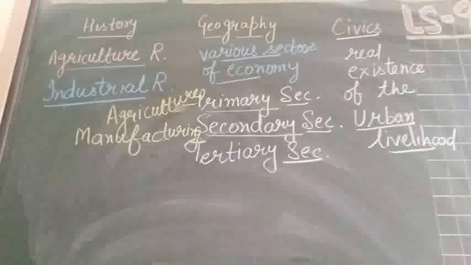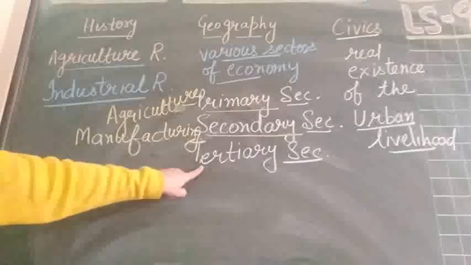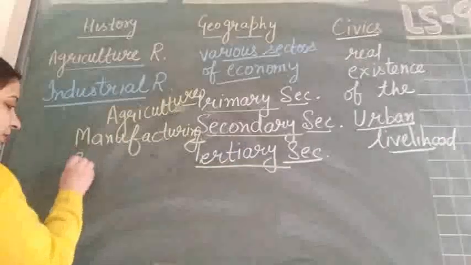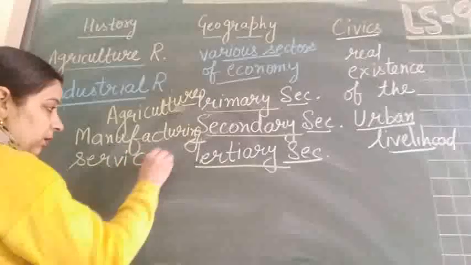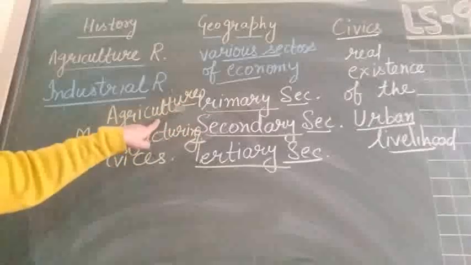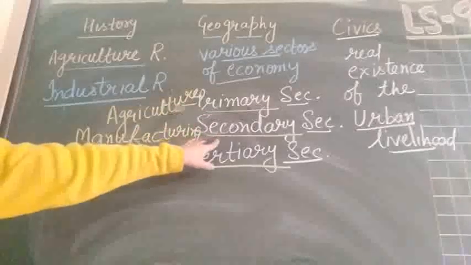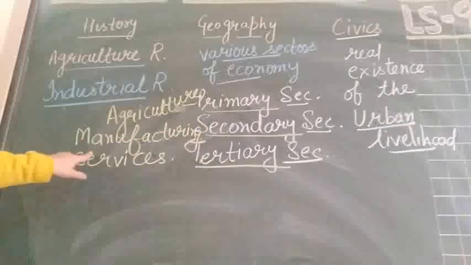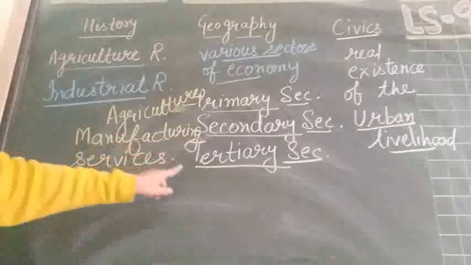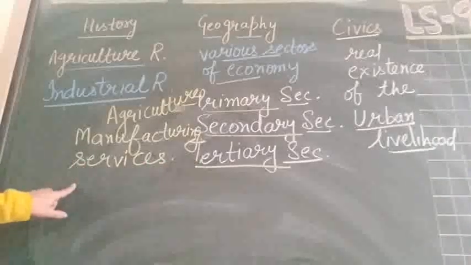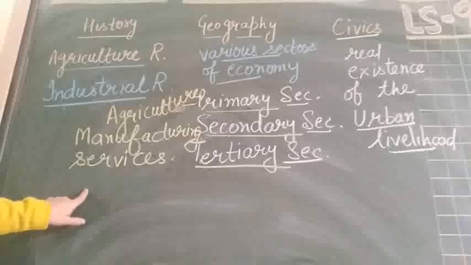Clear? And finally, when we talk about tertiary activity, we focus on services. Clear? Primary activities concern agriculture, secondary activities concern manufacturing, and tertiary activities focus on services, which are provided in the urban livelihood.